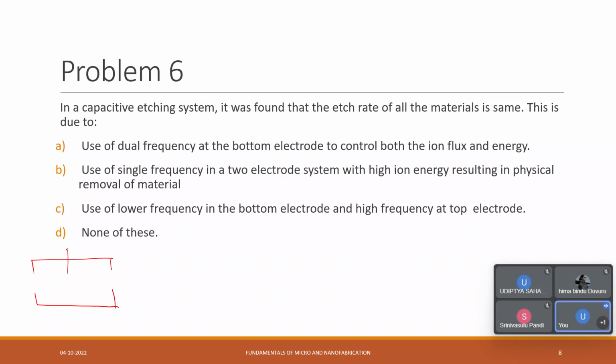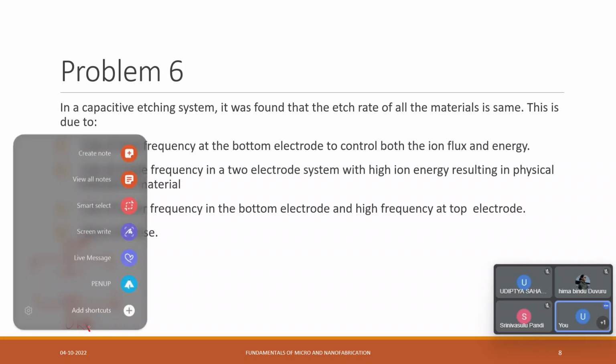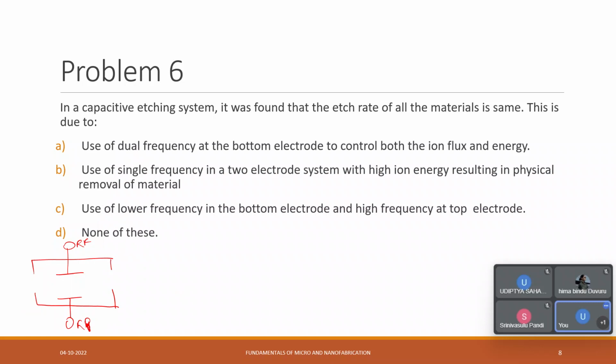So you will have 2 electrodes, this will be RF, and essentially this is single frequency. The frequencies are the same, gas will flow like this, and this is grounded. So this is option B.